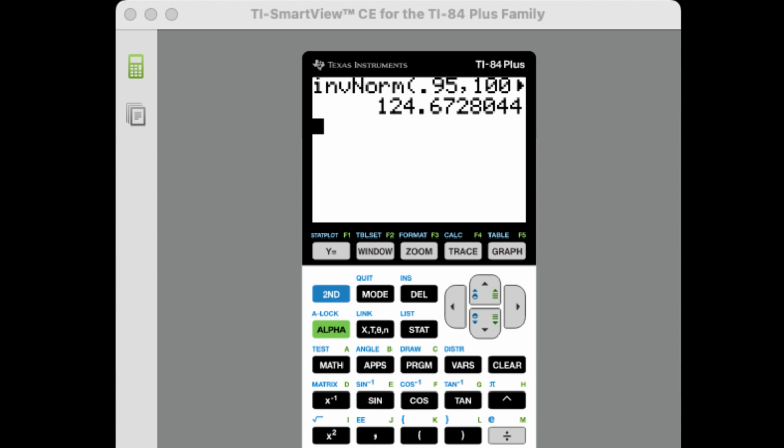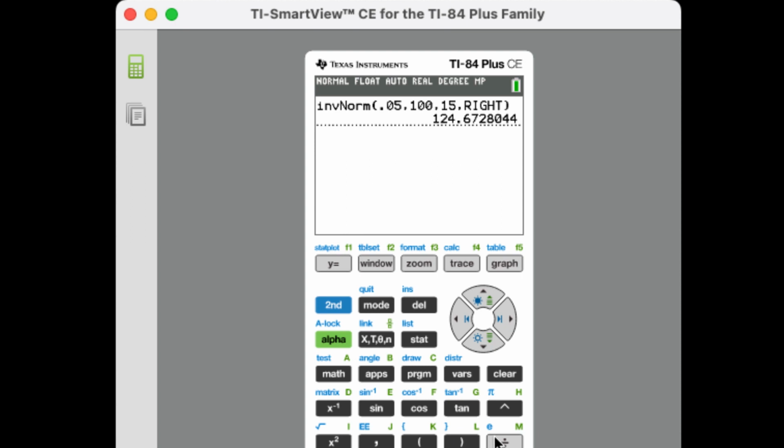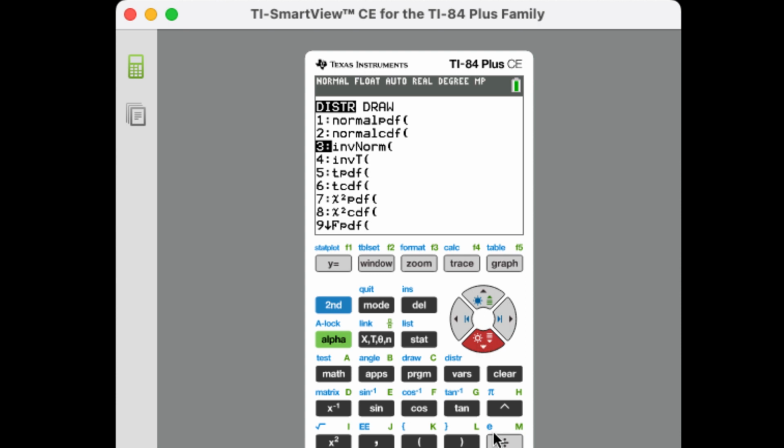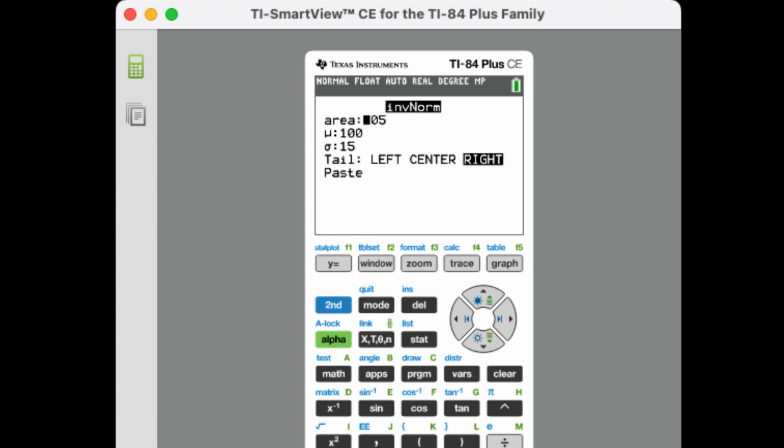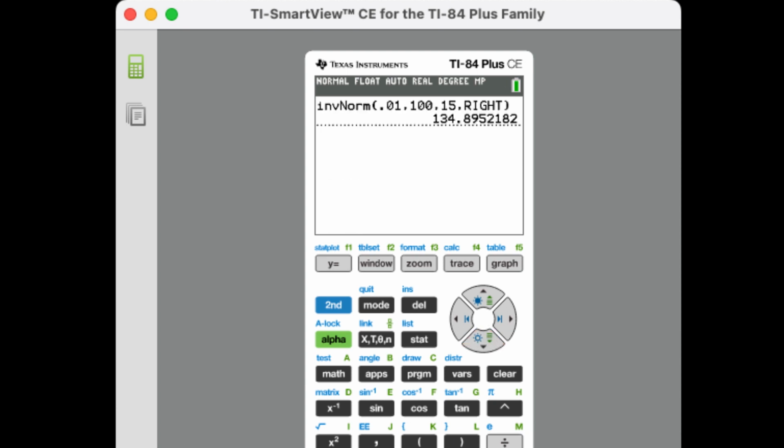So we're going to change modes. Clear that out. Go to second distribution, inverse norm, the third one. Isn't 1% 0.01 now? And that's a right tail. So we're already set on the right tail there, right? Okay, what is this going to be to the nearest whole number? 135. So X is approximately 135.